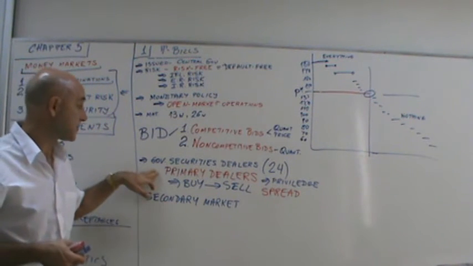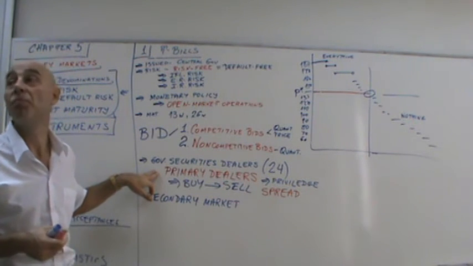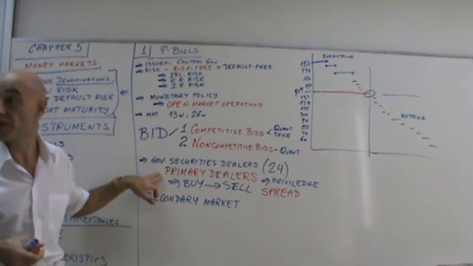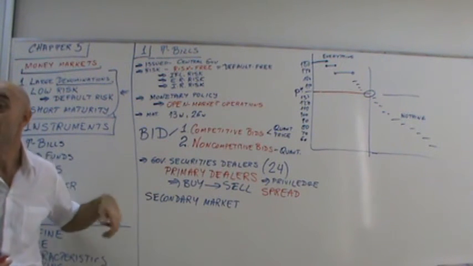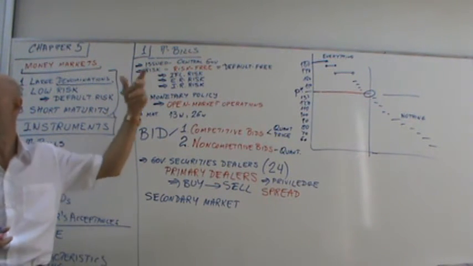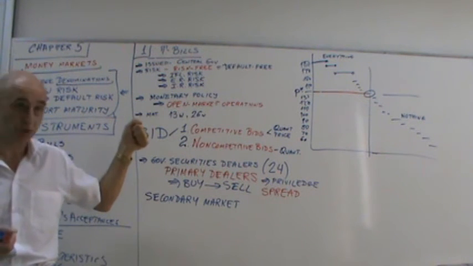So, primary dealers are associated with the primary market, where they buy the security from the government when the securities are issued.